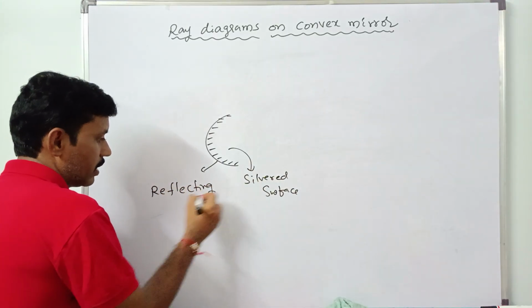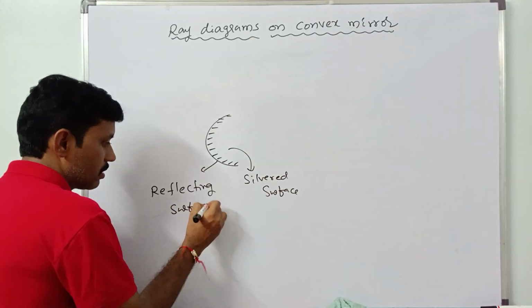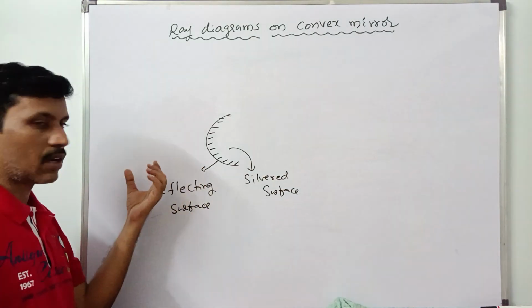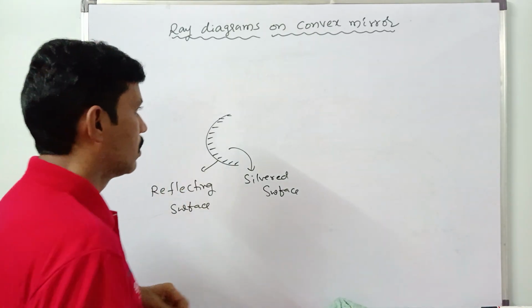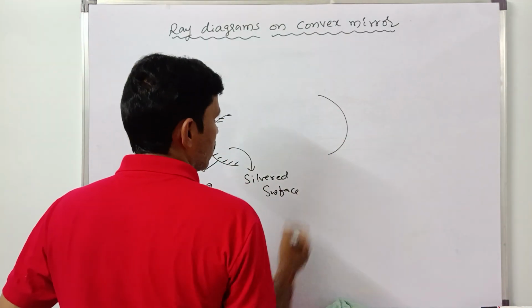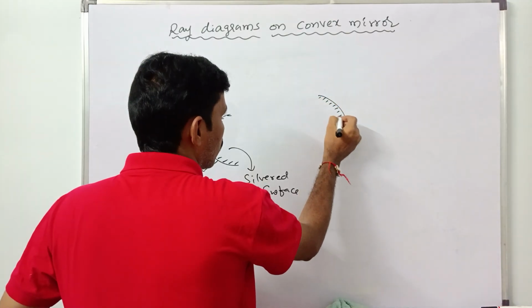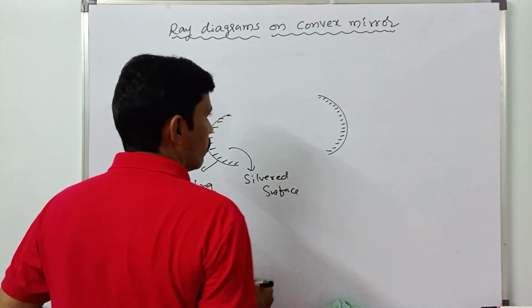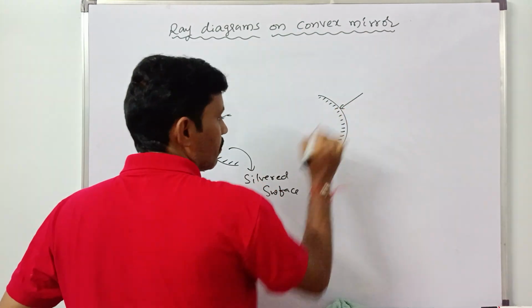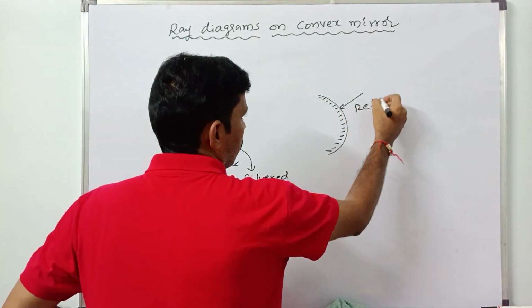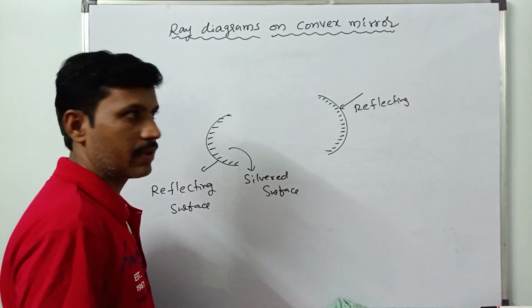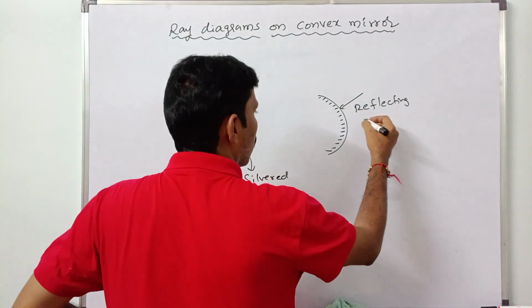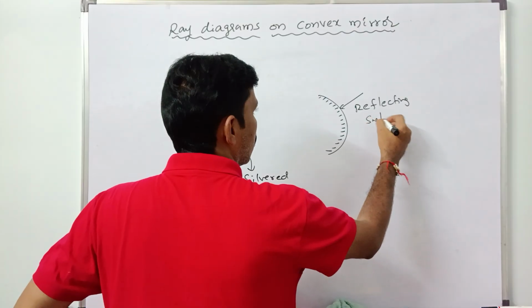If the reflecting surface is outward, such mirrors are called convex mirrors. For example, we can draw like this: inward silvering, and outside is the reflecting surface. Reflecting surface means light rays are incident on the outer surface.